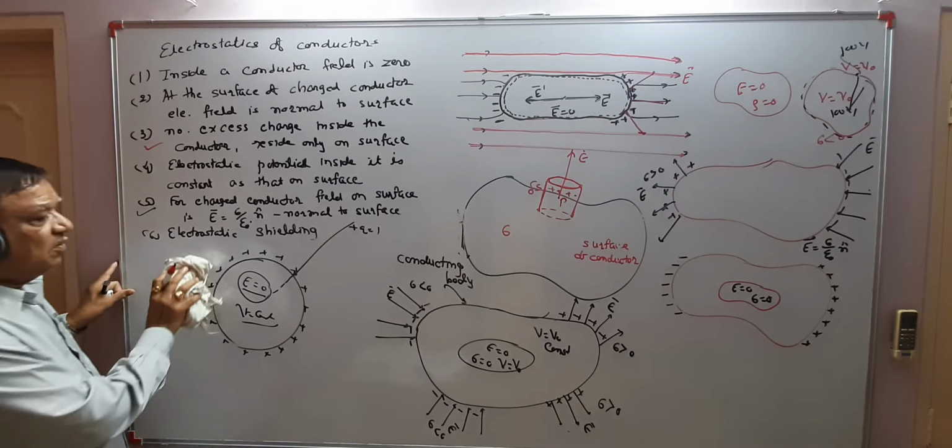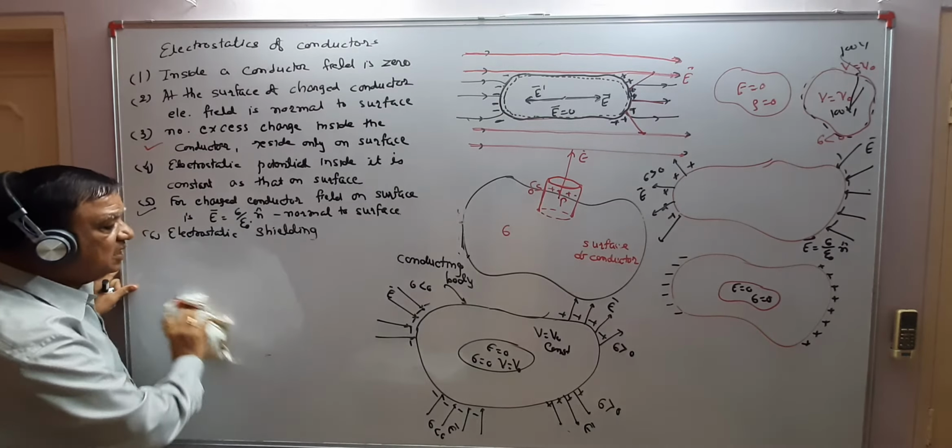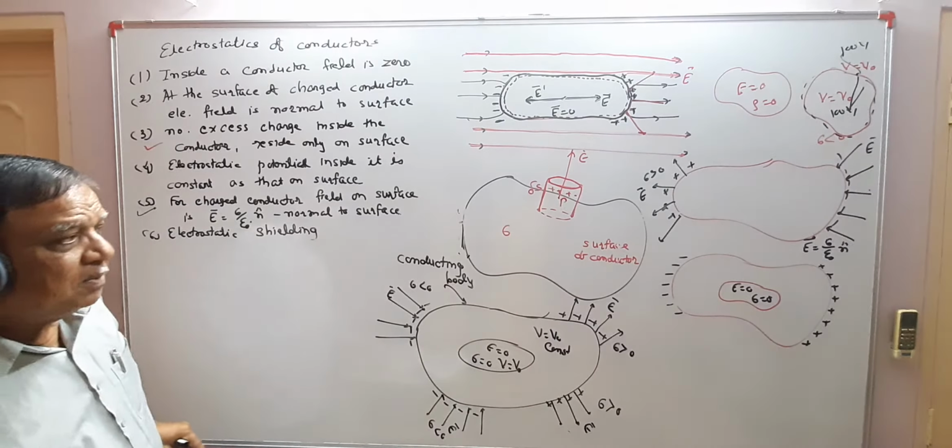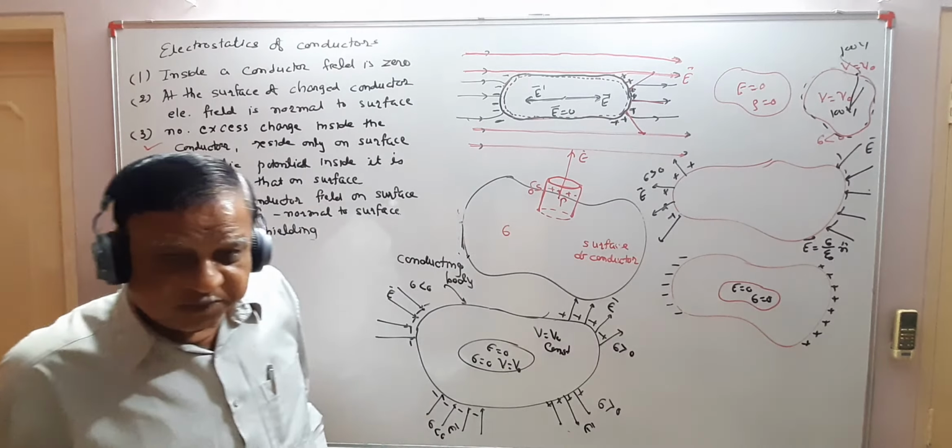Using Gauss law, suppose the surface charge density is sigma, and that is the surface of the conductor.